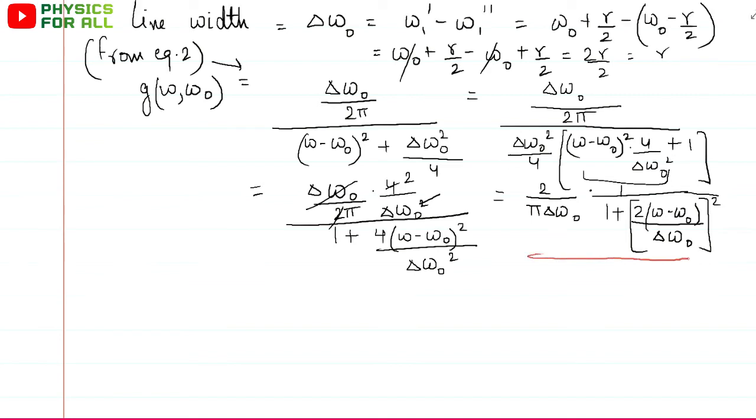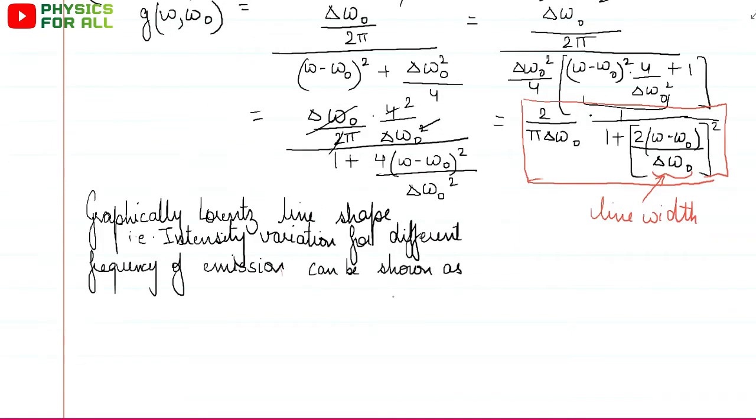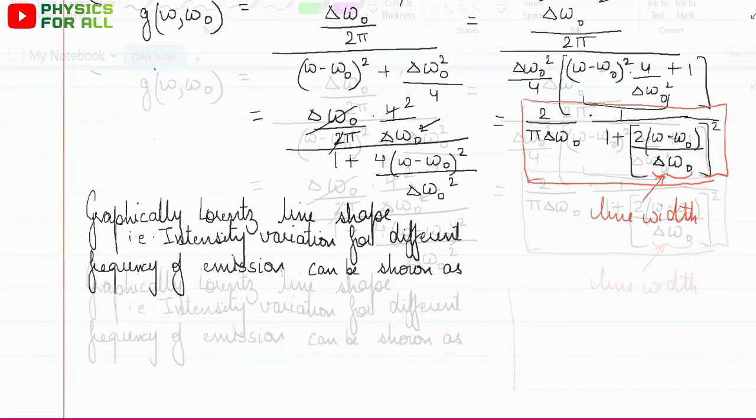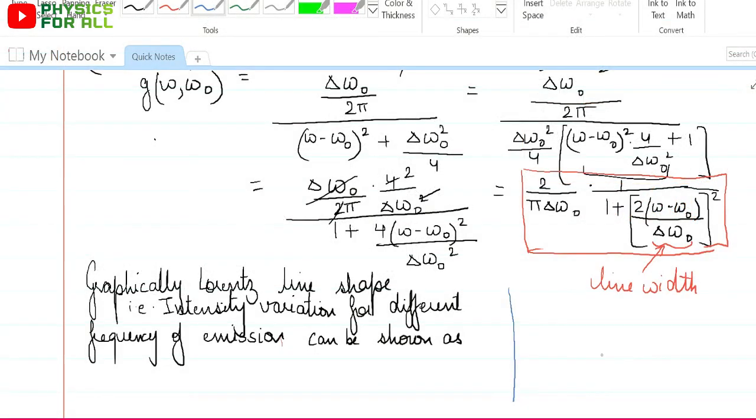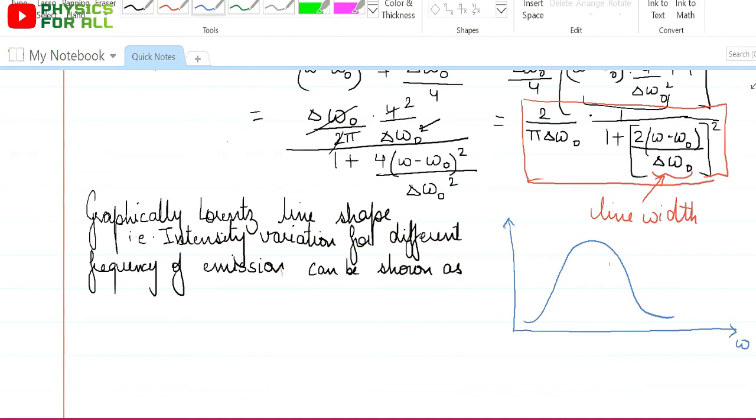This is the actual value of g omega omega naught in terms of the line width. This would give us Lorentzian distribution. So graphically, this Lorentz line shape we can show as this graph. The y-axis is our g omega omega naught, which is the line shape function.